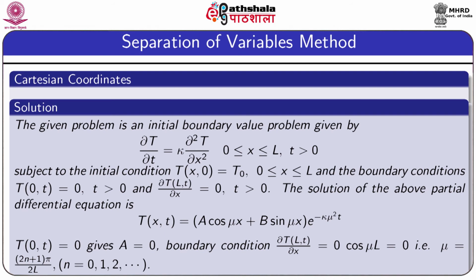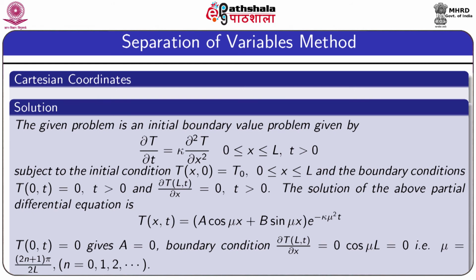If we recall the solution of the Cartesian one dimensional heat equation, this is the general solution. Capital T is equal to A cos mu x plus B sin mu x times e to the power minus kappa mu square t. Now, we need to satisfy the boundary conditions and the initial condition for this problem.